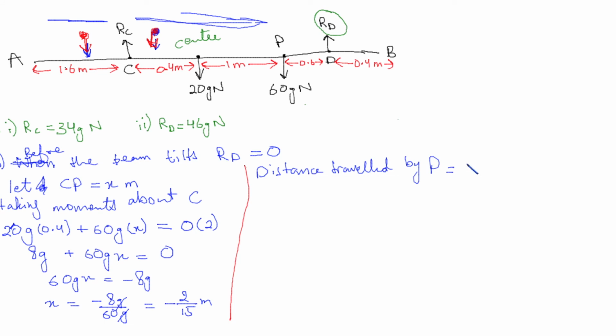So it would be 1.4 minus, now what's the distance right now? As we found out here, it's negative 2/15. So negative 2/15. So you see what I did there? If you write it like this, even then you will have 1.4 plus 2/15. Or if you look at the sign here and change your diagram, or basically you find out early that P is here, you can directly use just the magnitude of x.